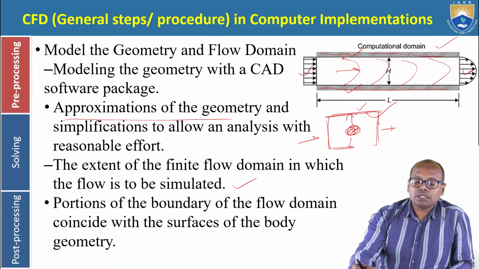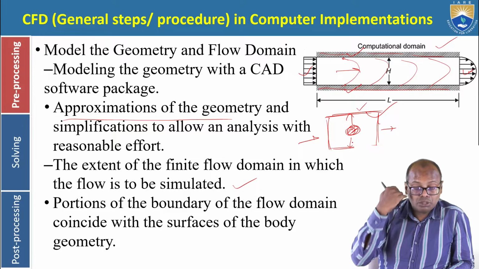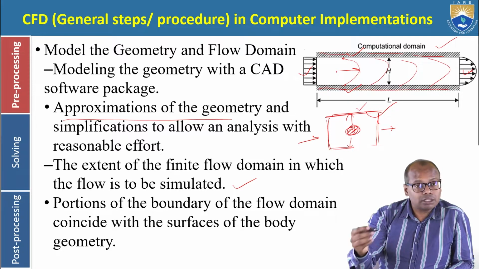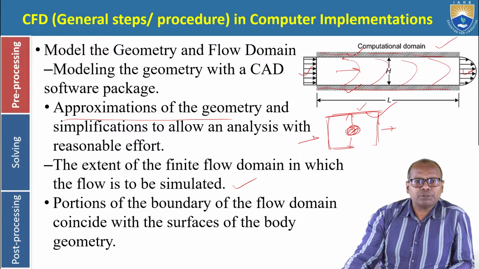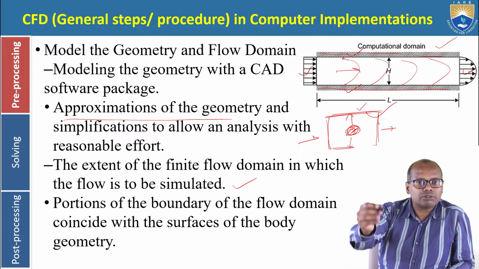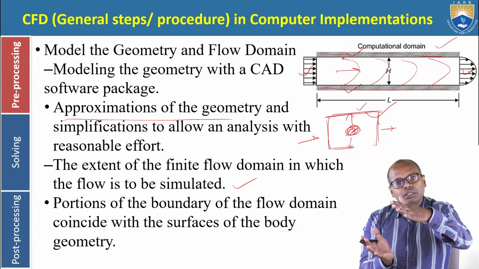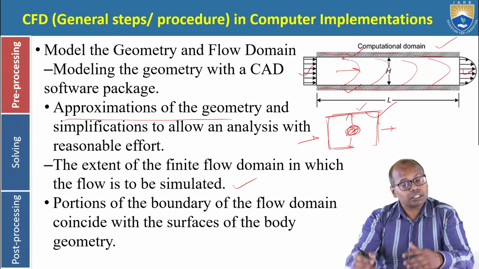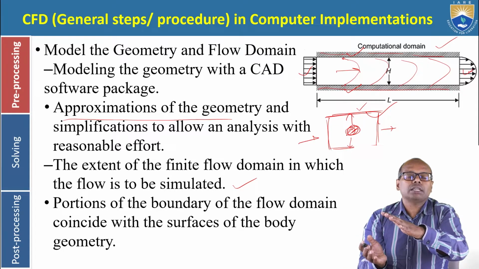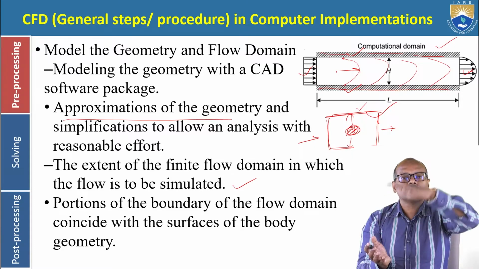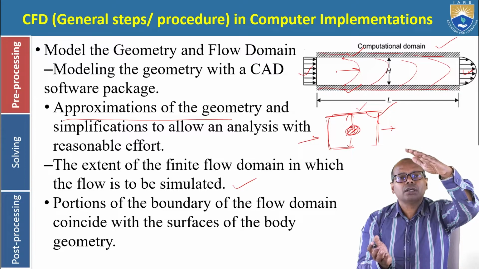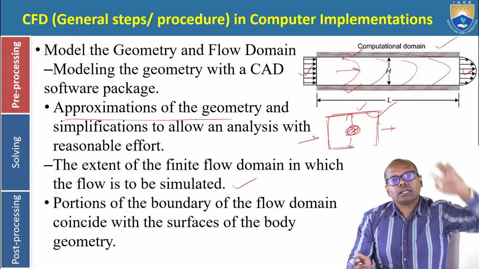Sometimes, initially, when there was no experience, they took a small distance and analyzed it, found some disturbance because of the far field, so they increased it, and like that they went on.